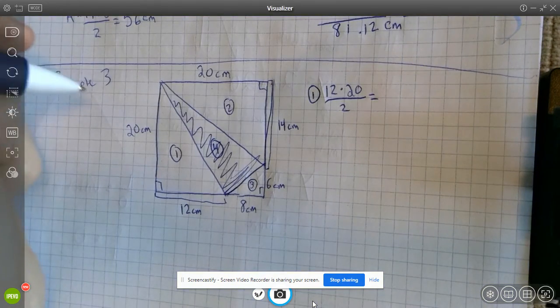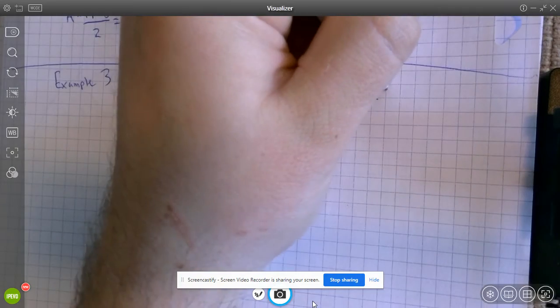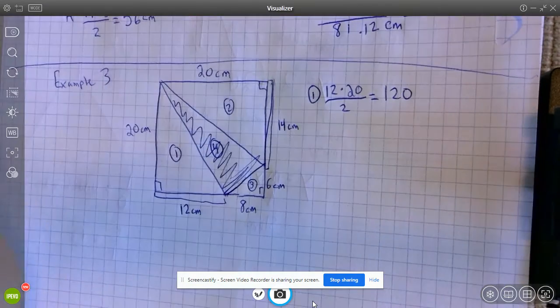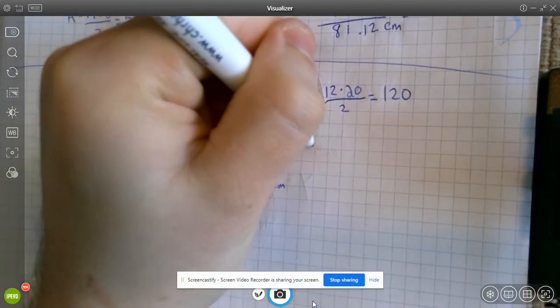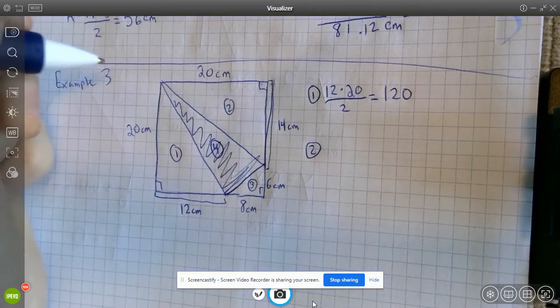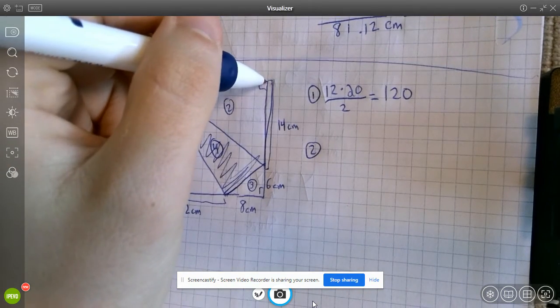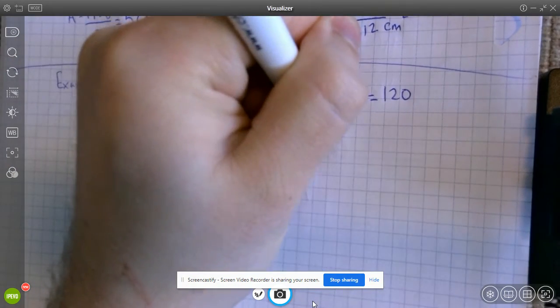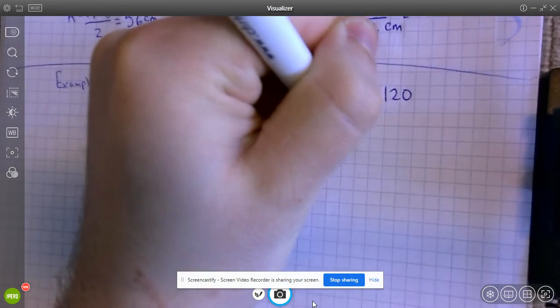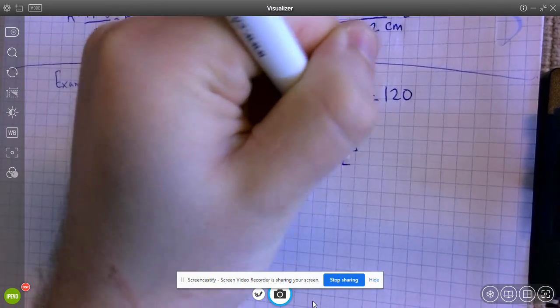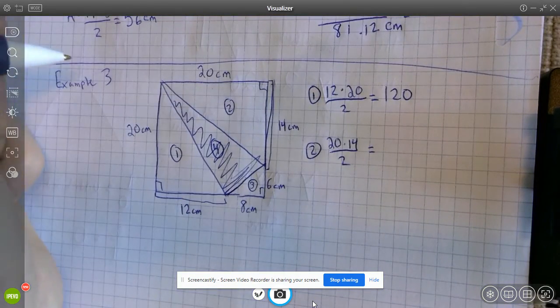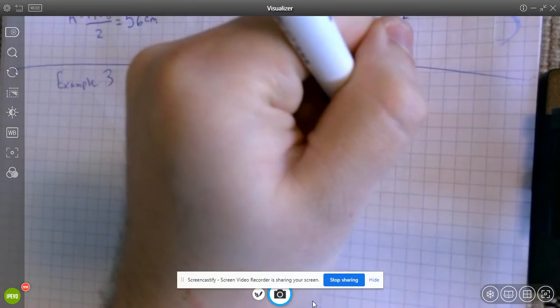That's going to give us an area of 120. Triangle 2. Our base is 20. Our height is 14. 20 times 14 divided by 2. That's going to give us 140.